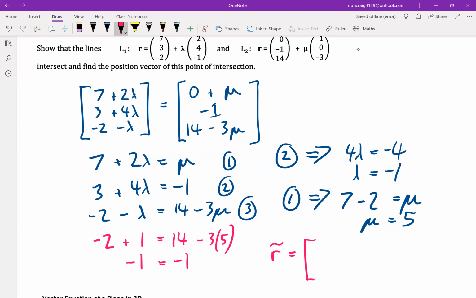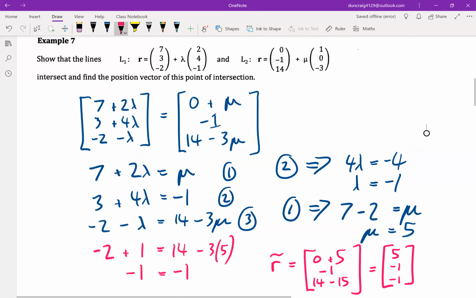So that would be 0 plus 5 minus 1, and then 14 take 15. So that would be 5, -1, -1. That would be the point of intersection where the two lines meet for that one.